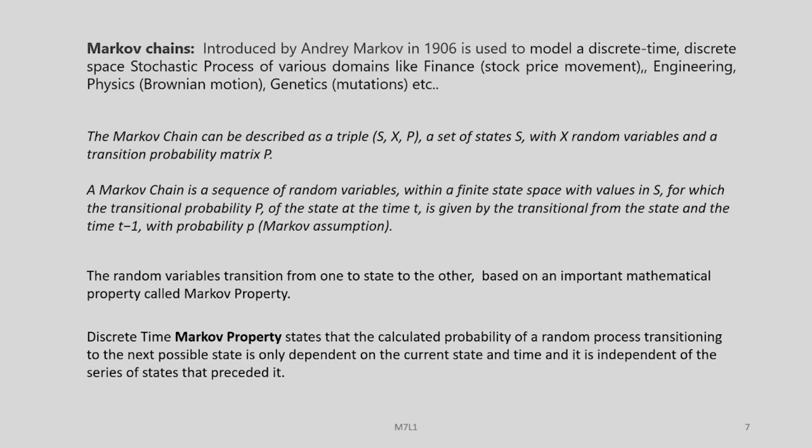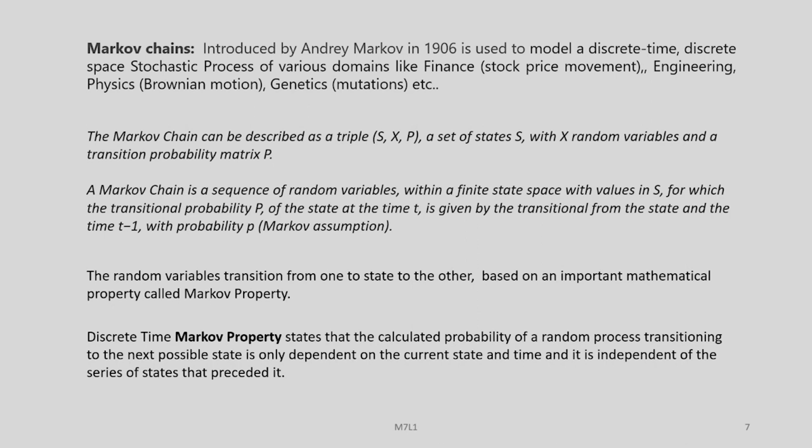In simple terms, a Markov chain is a sequence of random variables within a finite state space with values in S, for which the transition probability P of the state at time t is given by the transition from the state at time t minus 1 with probability p, which is called the Markov assumption. This time t minus 1 is important for the next event.